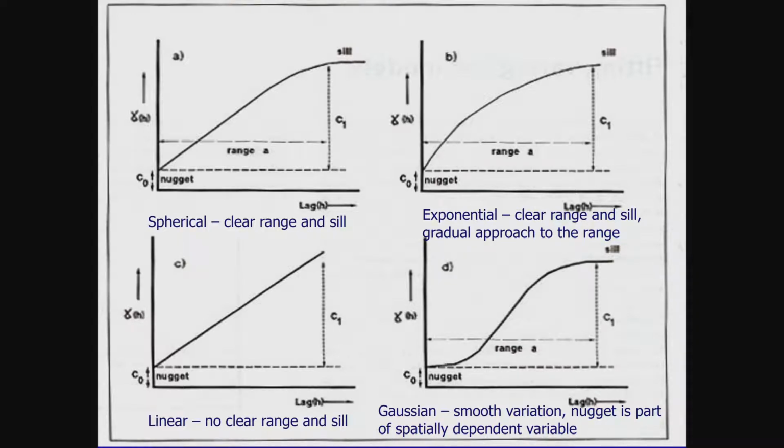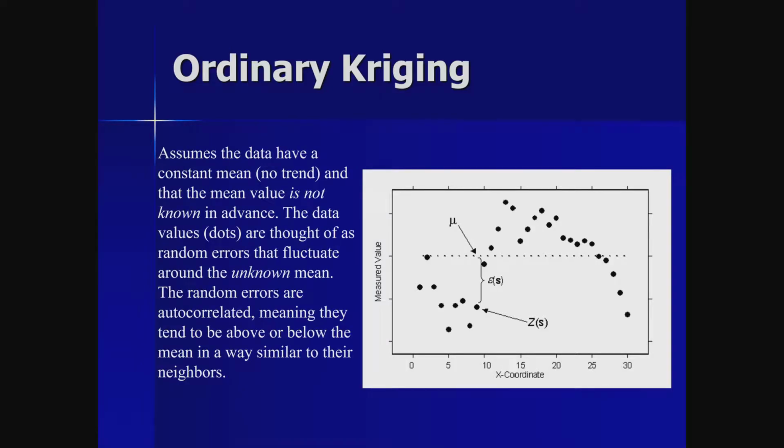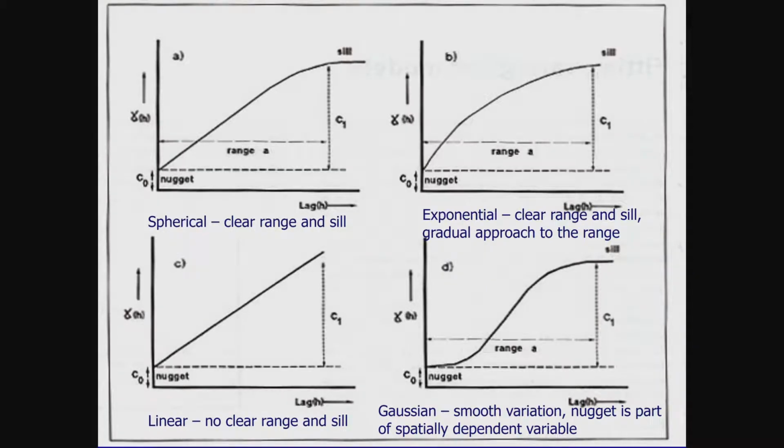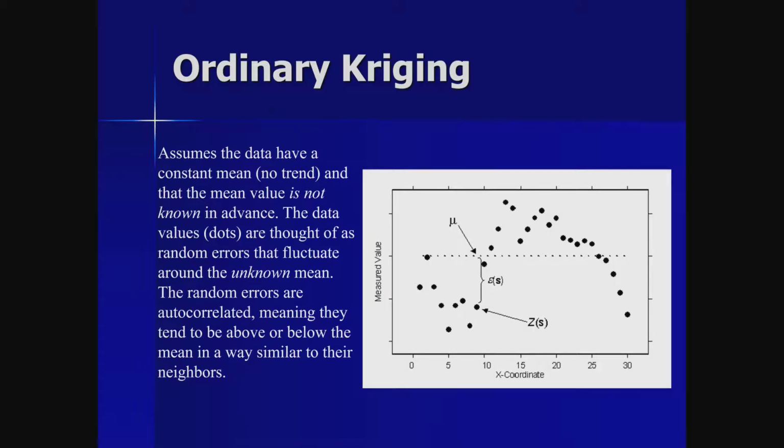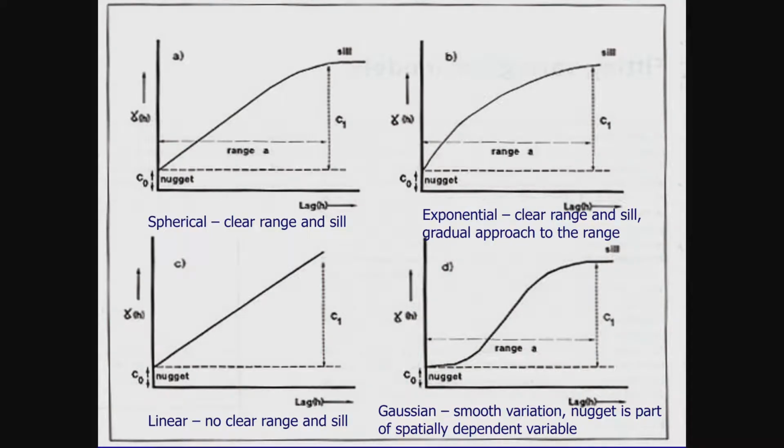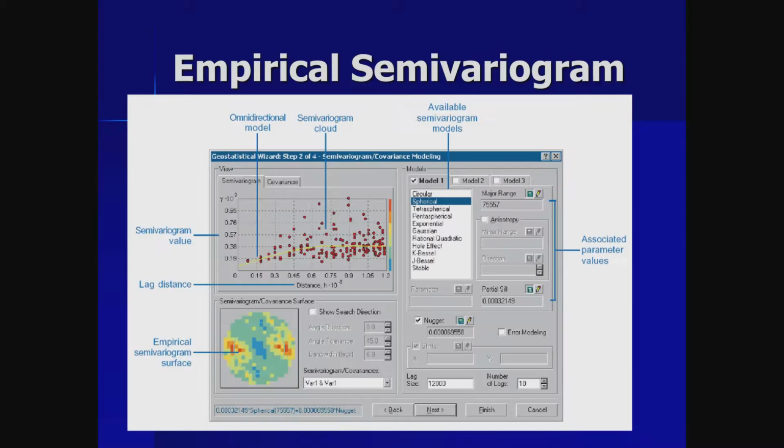If you choose exponential, it'll try to fit a more steady arc. If you choose linear, it'll go up in a line. If you choose Gaussian, which is a normal distribution, it'll look like that. It'll model it differently. So now that's actually the function part.